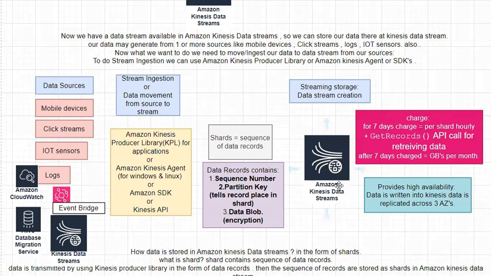Till that period, we have the option to read the data, process it, and move it to a specific destination. But we cannot update, change, or remove the data until the retention period is completed. After that, the data automatically expires. So we cannot modify or remove data present in data streams.